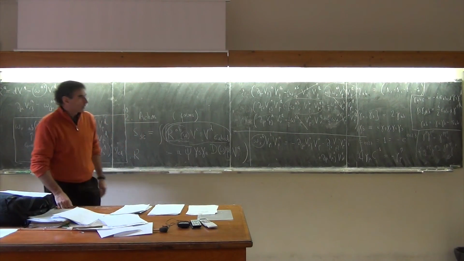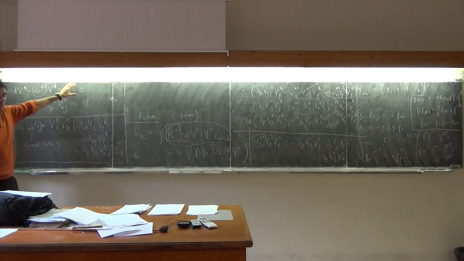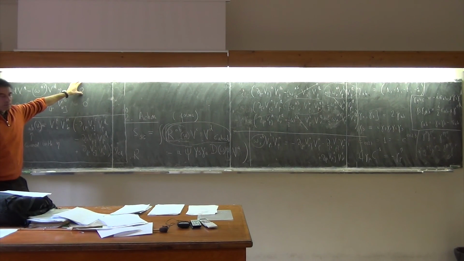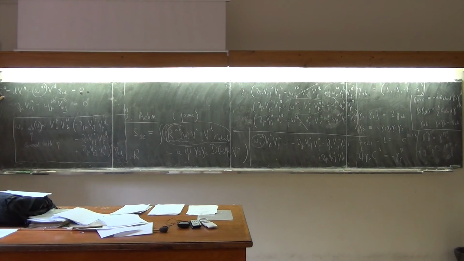Fine. Now I'm telling you what we will do in the next lecture. In the next lecture, we will add fermions. We will define a super torsion that will have also a part into a bilinear of psi, since the equation for the torsion will have also a part bilinear in psi. And then we will define the torsion as this minus something that will be psi gamma a psi.